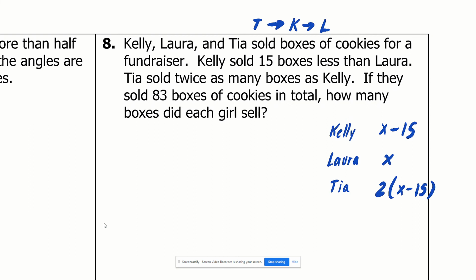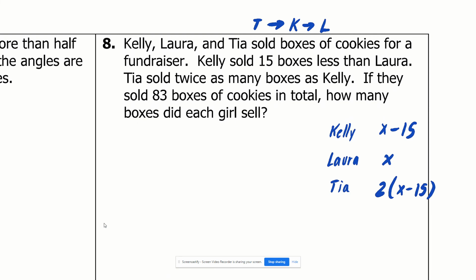Okay? Does everybody follow that? So our first job when we have multiples, like 3, we got to figure out who is everybody originally being compared to. We define them as X, and then we start naming the equations for everybody else.